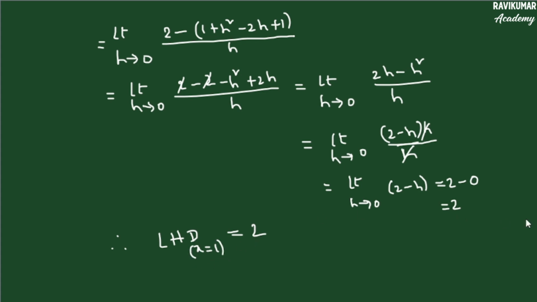Now we'll find right hand side derivative at x equal to 1. What is right hand side derivative? The right hand side derivative formula is limit h tends to 0 f of x plus h minus f of x by h.